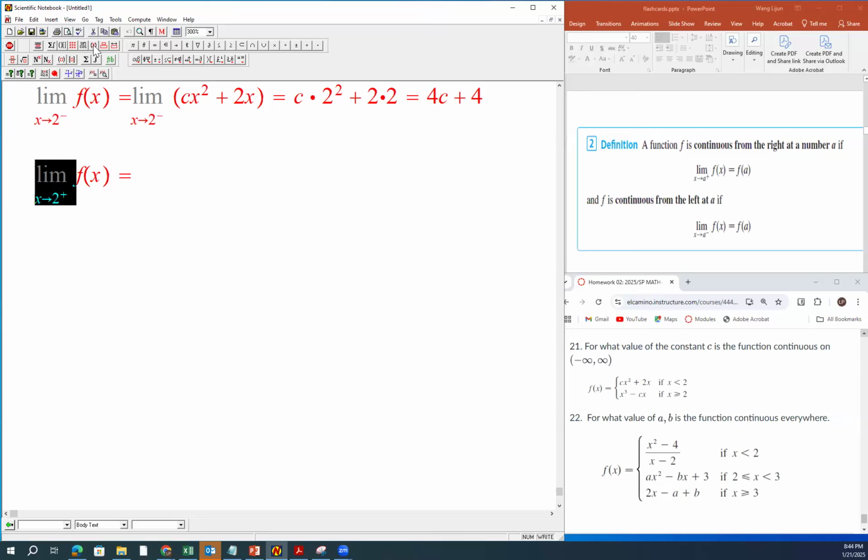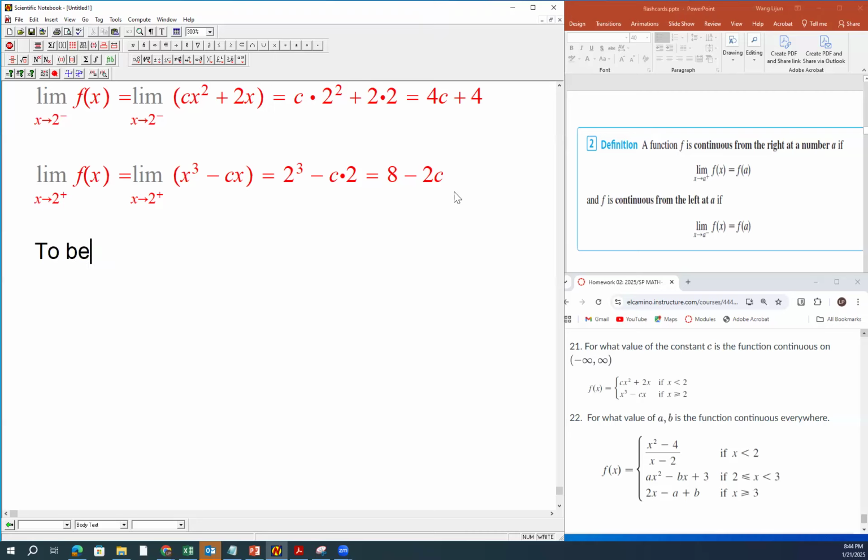Limit from the right: when x is approaching 2 from greater than 2, the rule of the function is x to the power 3 minus cx. That's a polynomial, and that's a direct substitution. So replacing x by 2, we get 8 minus 2c.